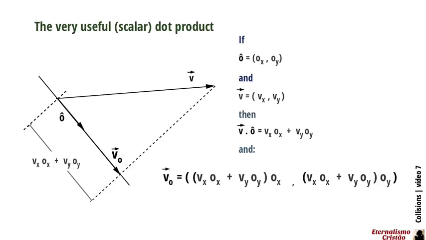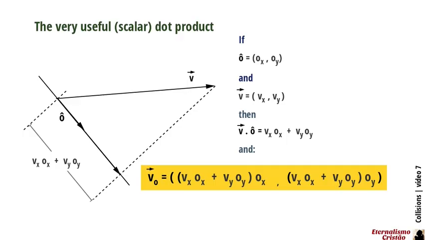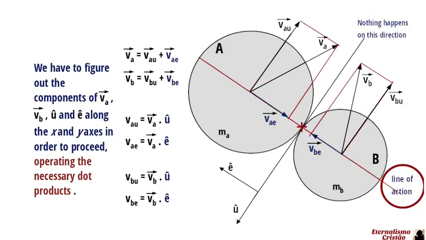The dot product allows us to easily calculate the component of a vector along any direction. First, we need to find the x and y coordinates of the unit vectors, E and U, in order to proceed, operating the dot products that will give the components of the velocities of bodies A and B along those unit vectors.